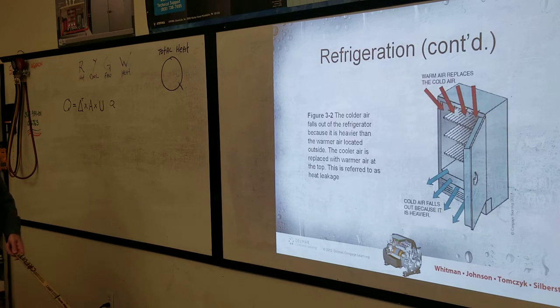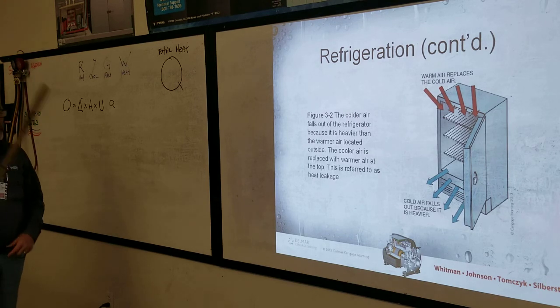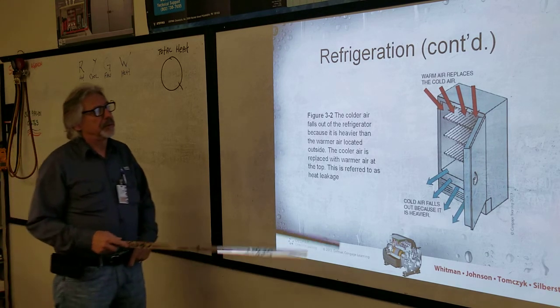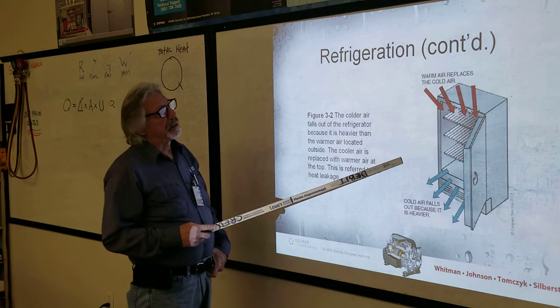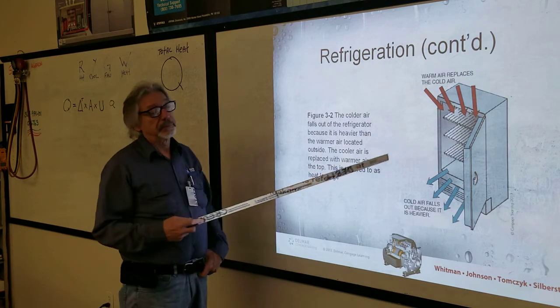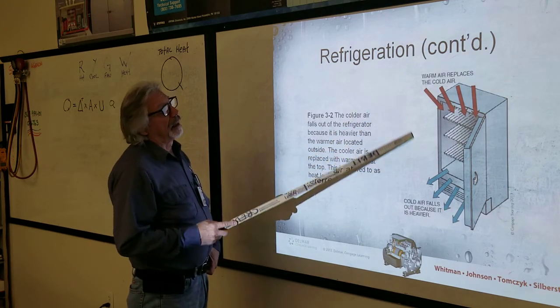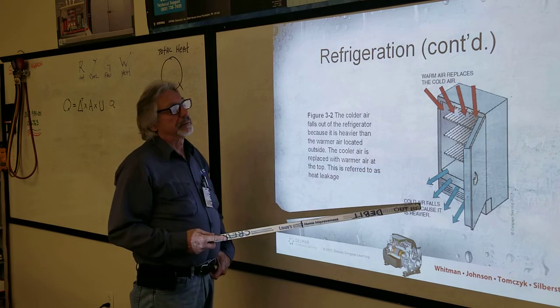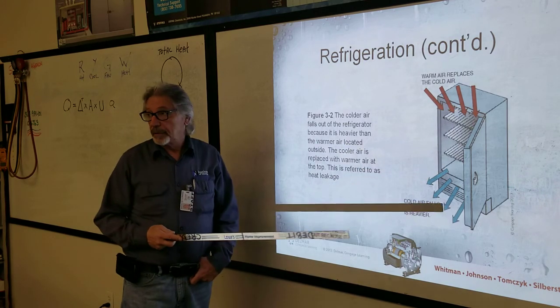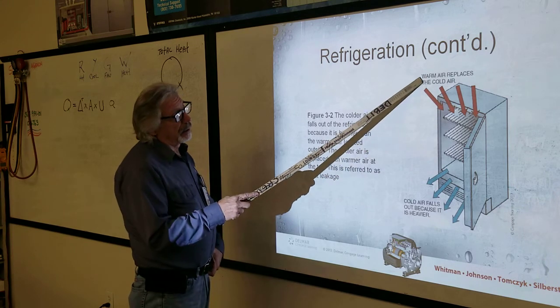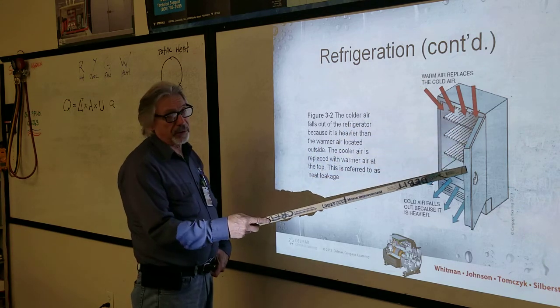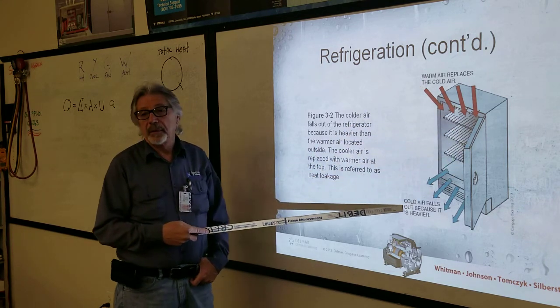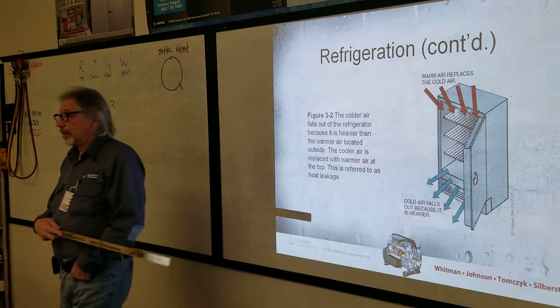And then there's a diagram. Here's your first picture on the slide. It doesn't move. As you open the box, your refrigerator at home, the warm air goes to the cold, and the cold air falls out onto the floor.